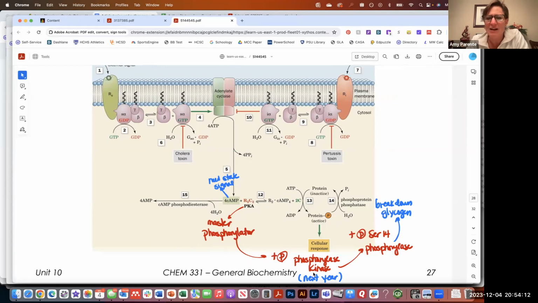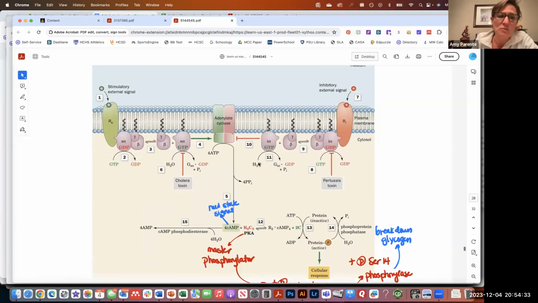This is the cascade that I want you to know. PKA phosphorylates phosphorylase kinase, which phosphorylates serine 14 of phosphorylase, and phosphorylase breaks down glycogen. Breaking down glycogen is going to give you glucose that you can put into your bloodstream. And that ultimately is going to remedy things if our stimulatory external signal to start was glucagon.